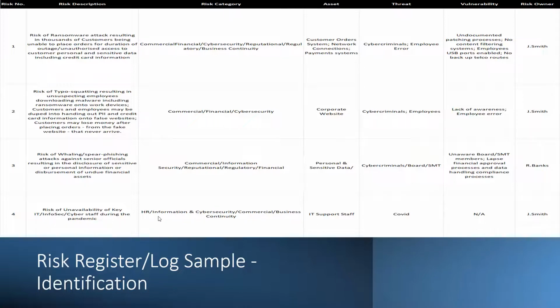That is an HR risk, information and cybersecurity risk, commercial risk, because we may have to close down if our critical IT staff are unable to support us. It's also a business continuity risk. So these are just some sample risks that I've identified for an e-commerce company.